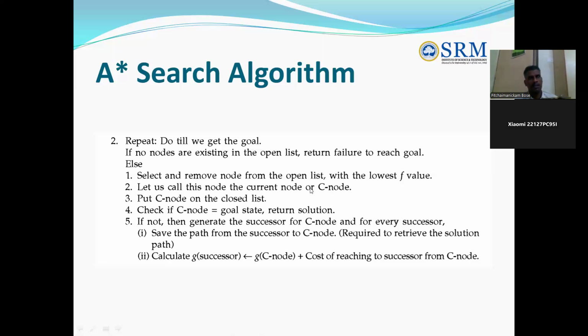Now the C node goes into the closed list. We need to check for the goal node. If it is not there, we need to generate the successors of the C node, and for every successor, save the path from the successor to the C node, and calculate g of successor equal to g of C node plus the cost of reaching the successor from the C node.